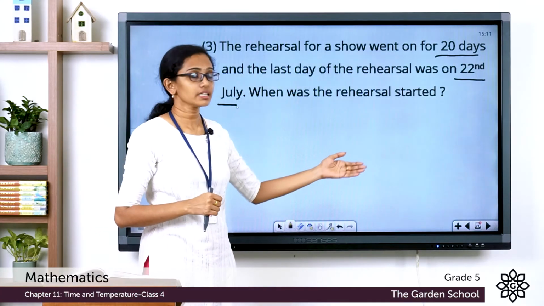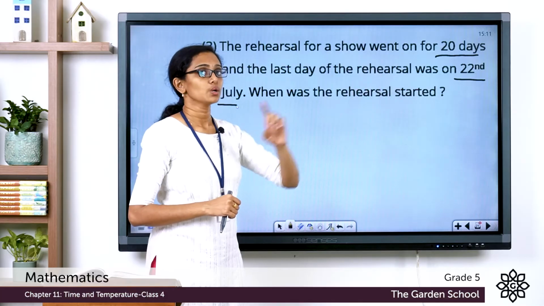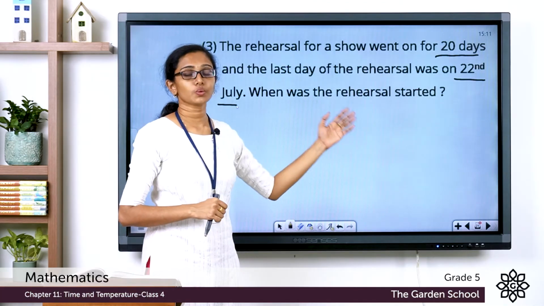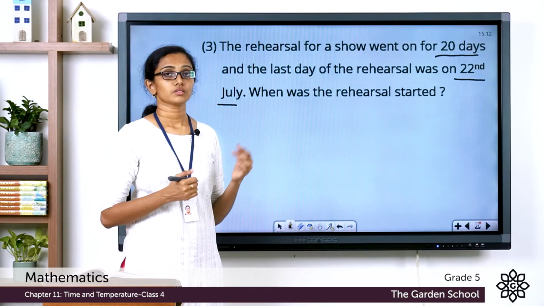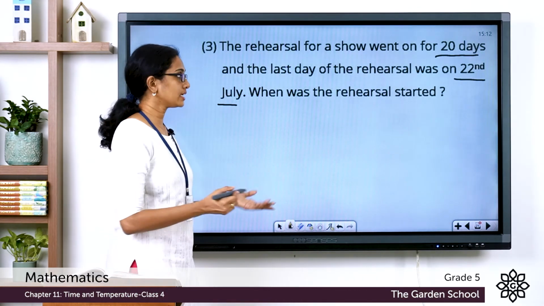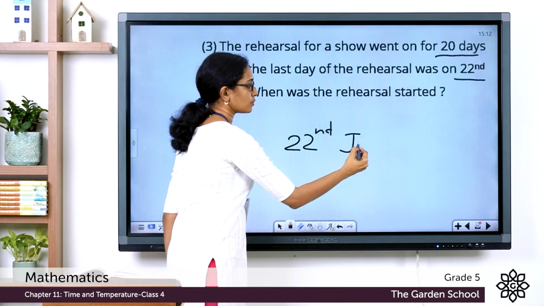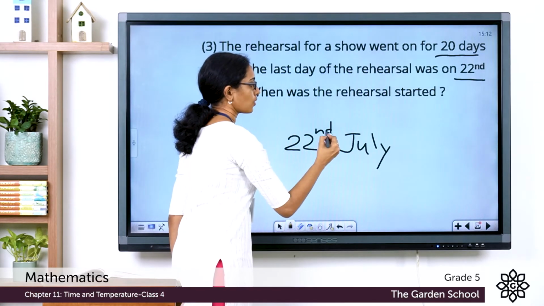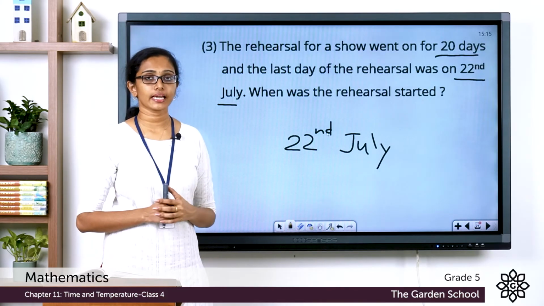It ended on 22nd of July and it lasted for 20 days, which means it started 20 days back from 22nd of July. There was rehearsal on that day also. In the question it is mentioned that the rehearsal lasted for 20 days in total.